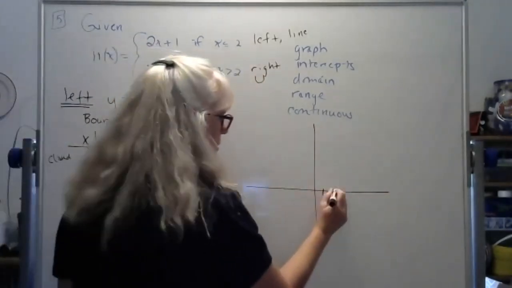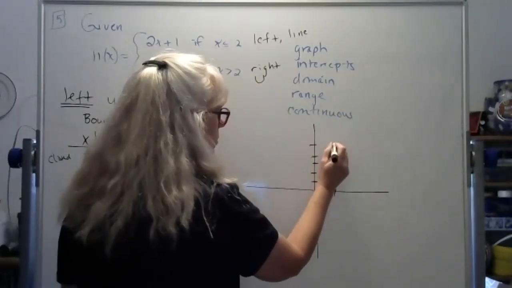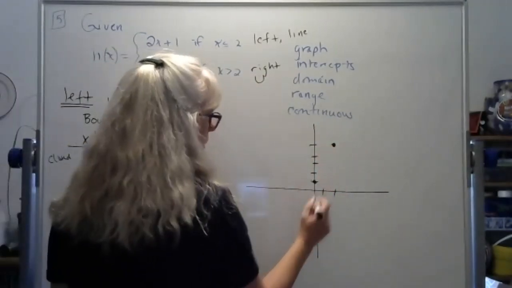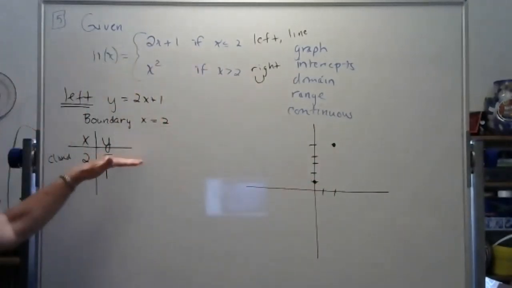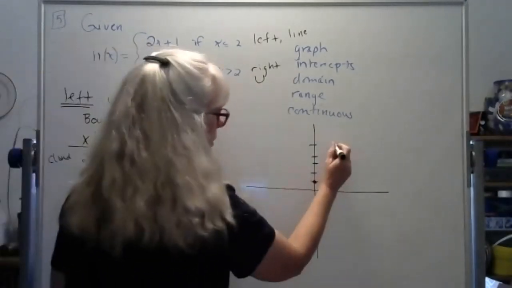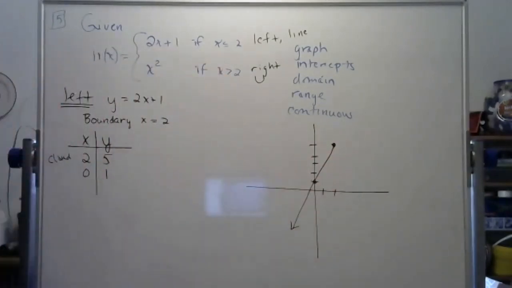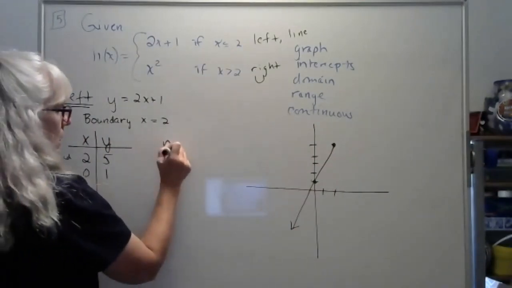So we have 2, 5, and then at 0, we have 1. And again, I need to remember to start at the boundary and go to the left. So it's going to look like that. So there's our line, just like we said it should be. Beautiful. Okay, now we'll come in and do the right side.